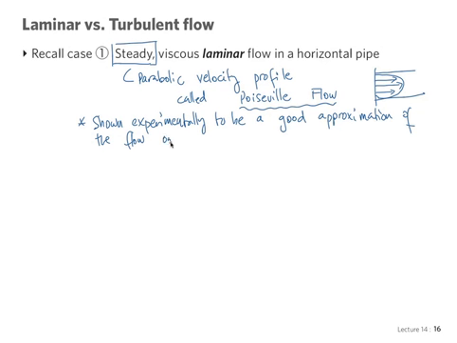So what does that mean? Laminar flow, experimentally speaking, from the point of view of the experiments, means a flow which is basically orderly, smooth, right? Every layer of fluid moves neatly on top of each other.